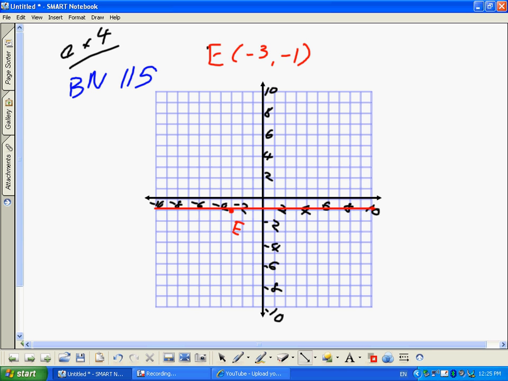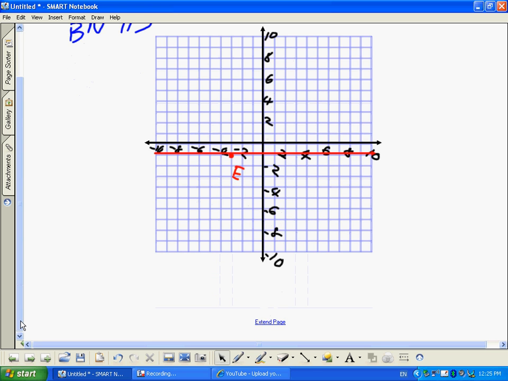It says write an equation in standard form. So we're going to start off in our, well, we can do either form. We can do point slope form or y-intercept form, and then we're going to change that into standard form. Let's do both, just so we're accustomed to doing both.